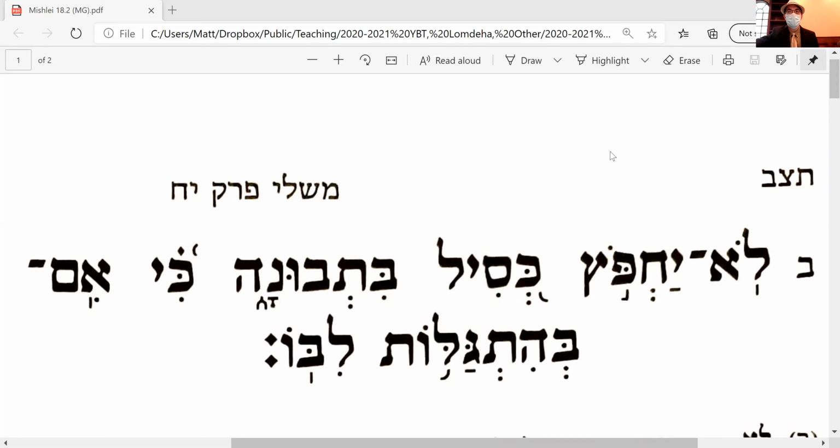Is this pasuk giving you advice on how to present your case before a judge, or is it giving the judge advice on how to evaluate a person's claim? Those are two separate subjects. One is advice for presenting your case. The other is a warning for how to judge people's cases. If you didn't ask that question, you might walk away without a clear idea of what the pasuk is talking about.